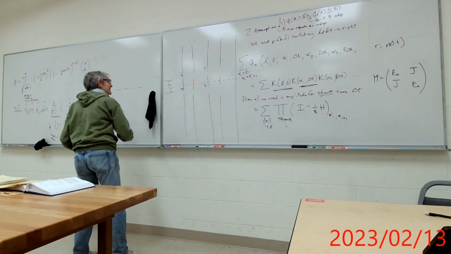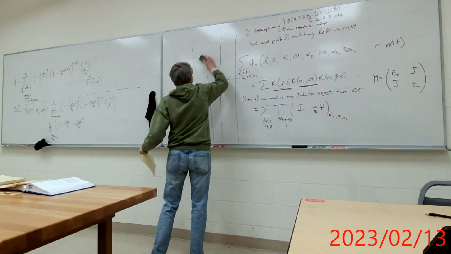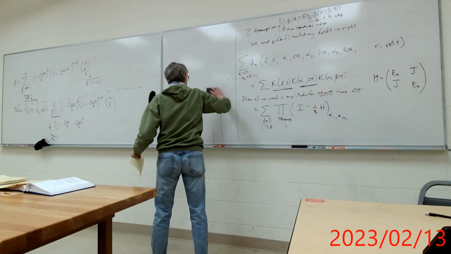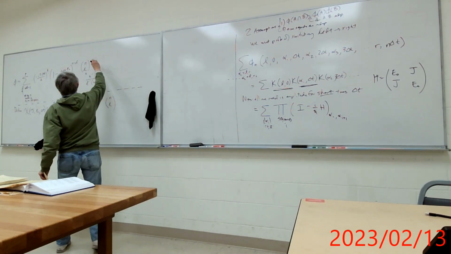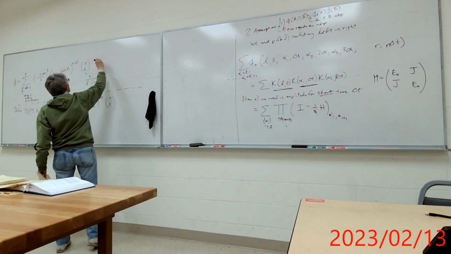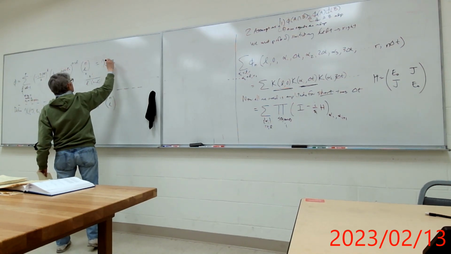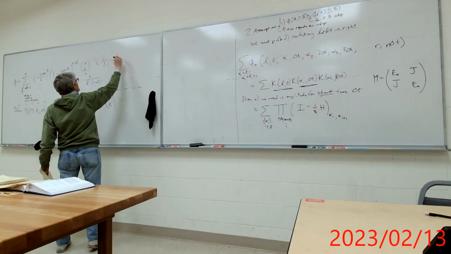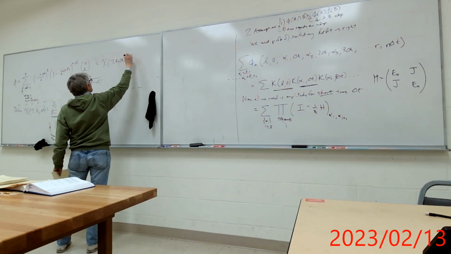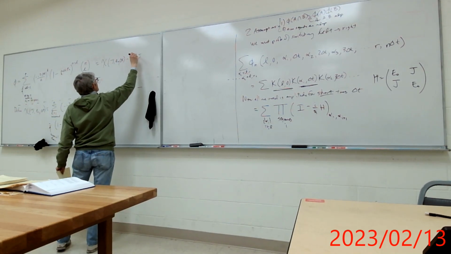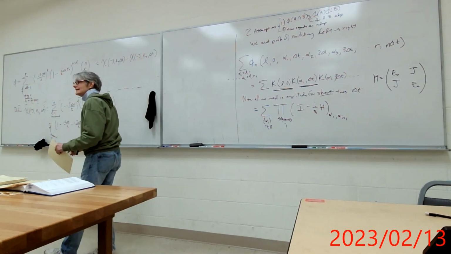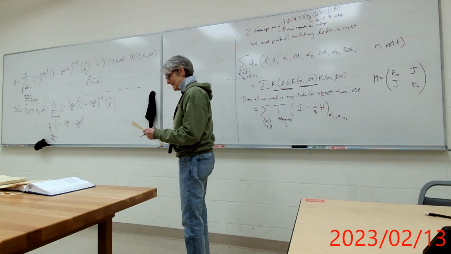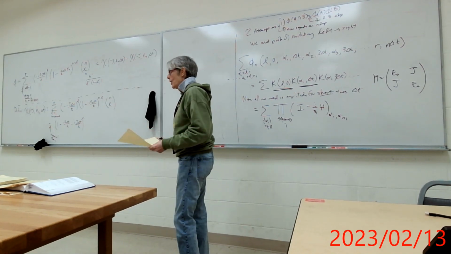Okay, now here comes the trick. Oh, you're going to love this. Notice that this thing that we want, phi, is actually equal to one half of chi of j, E naught, delta t minus chi of minus j, E naught, delta t.